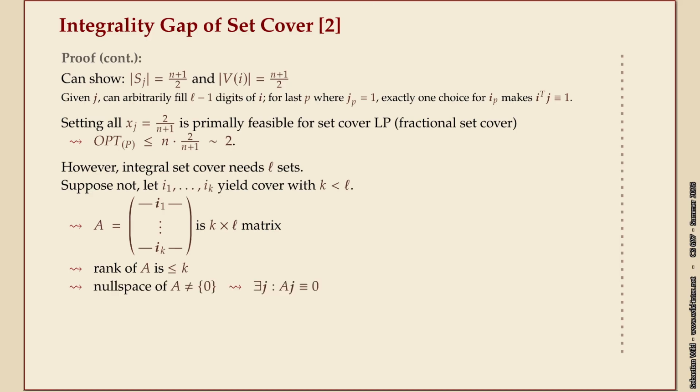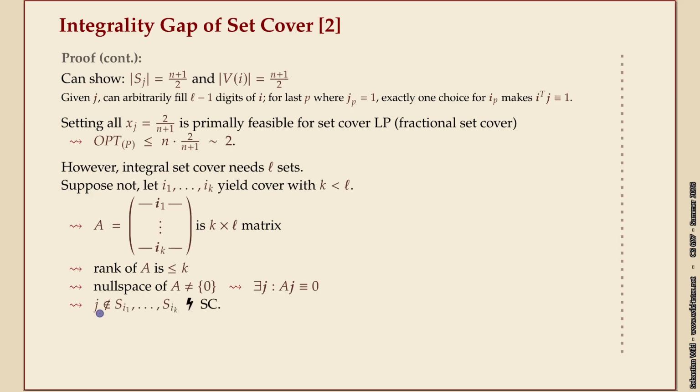There's not much you can do about it. And so if you look at the null space, the set of all vectors that if you multiply them to A you get 0, then that's not just the all 0 vector. You get some other vector J, so that the product is 0 modulo 2, right? We're computing in the field F2.